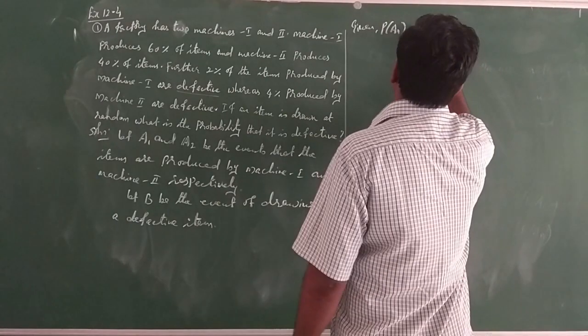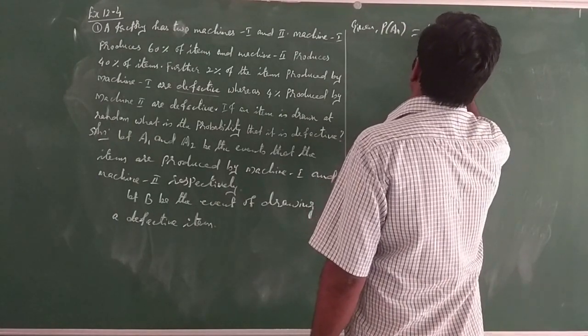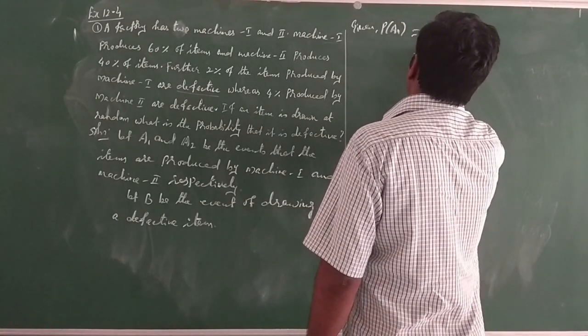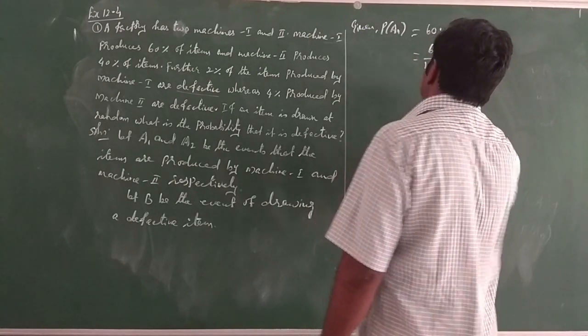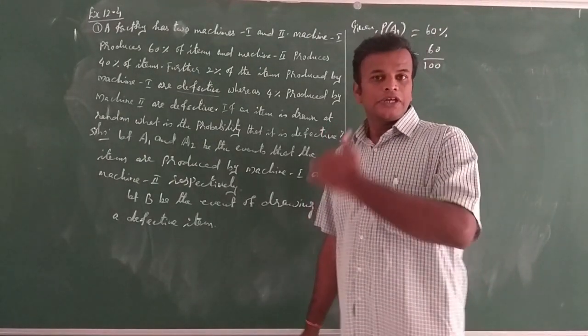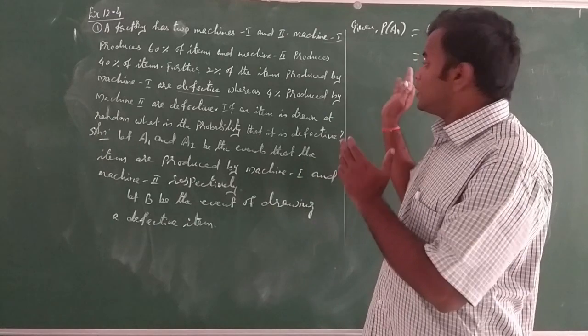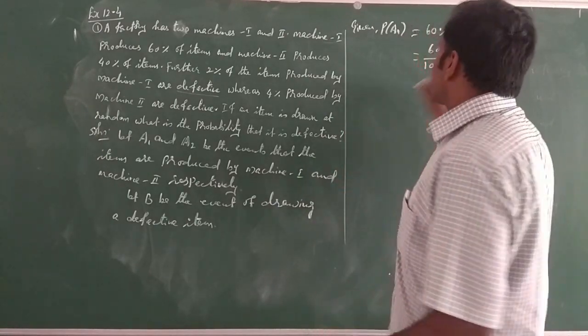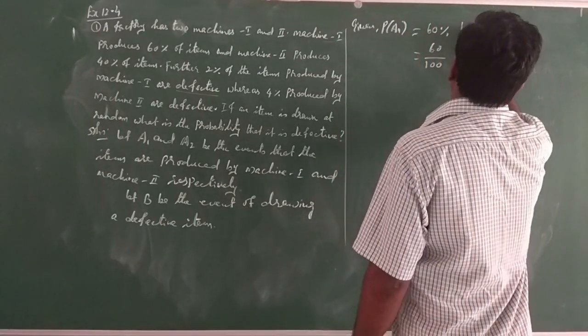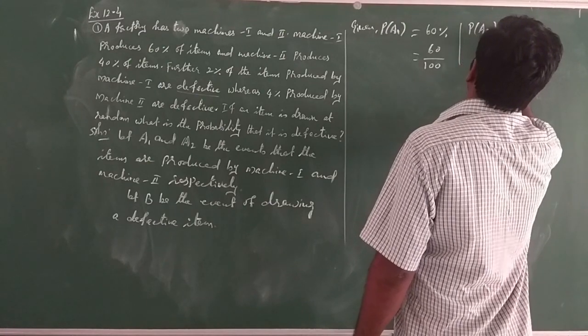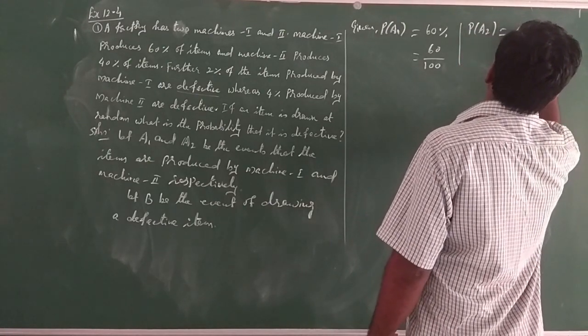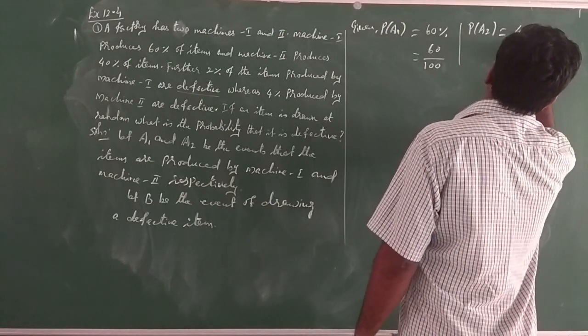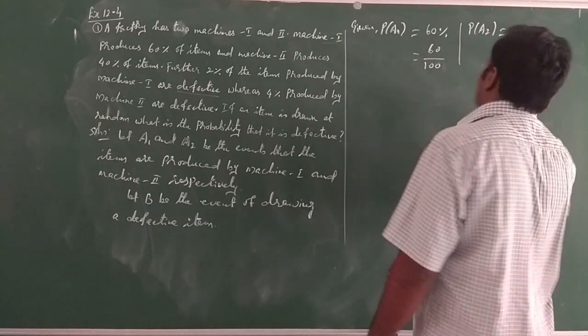So P of A1 is 60%, which is 60 by 100. There is a chance to cancel, but I don't cancel here. I simplify at the last step. Next, P of A2: the second machine produces 40%, which is 40 by 100.